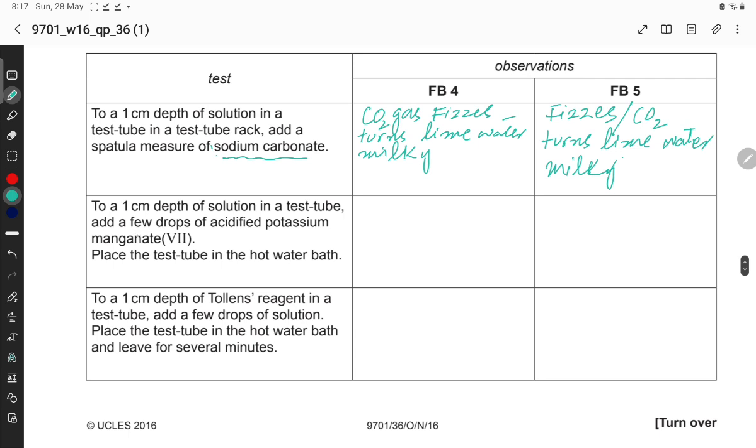To a 1 cm depth of solution in a test tube, add a few drops of acidified potassium manganate(VII). Place the test tube in a hot water bath.